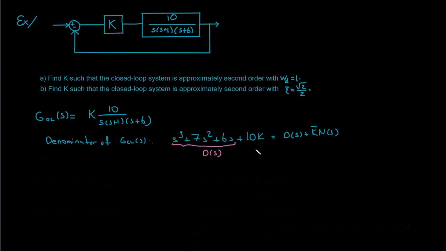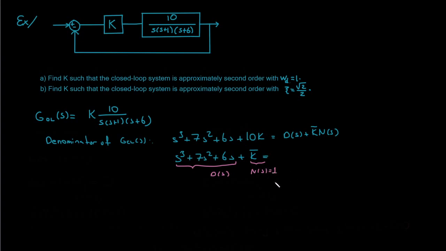Maybe I can do it more cleanly this way. I will write this once again and call 10k, k bar. Maybe it will be more clear that way. I would like to write this as d of s plus k bar times n of s. Here I will call this d of s, and n of s is equal to 1.